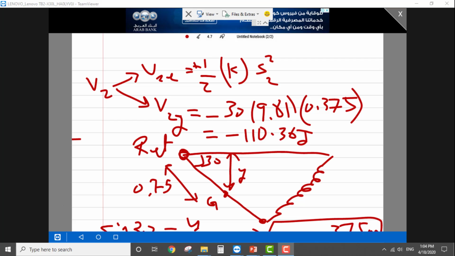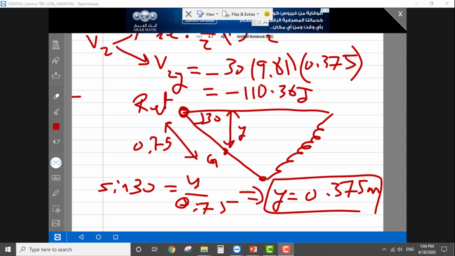So this is the gravitational potential energy. Now the remaining is S. So how to find S? The stretching is this distance. Here is the L final. We will name it L final. So how to calculate L final?